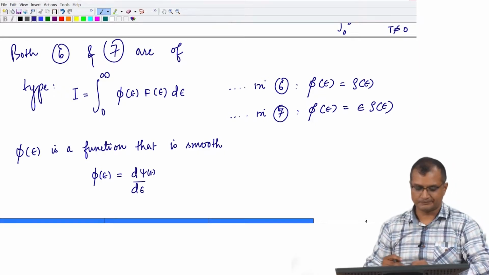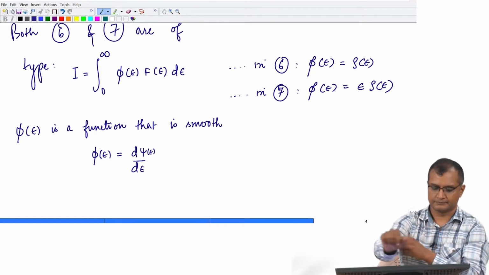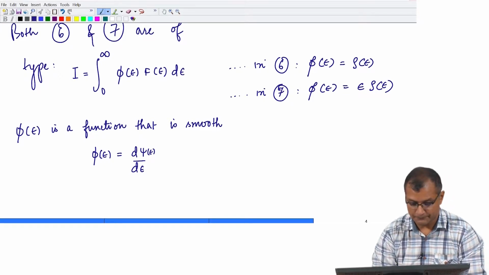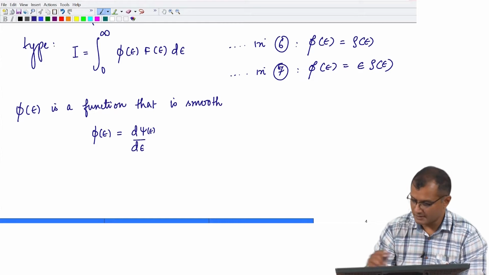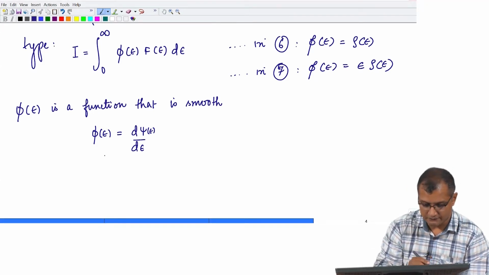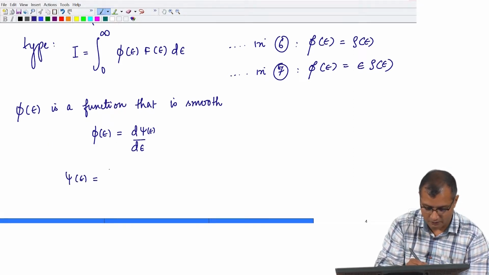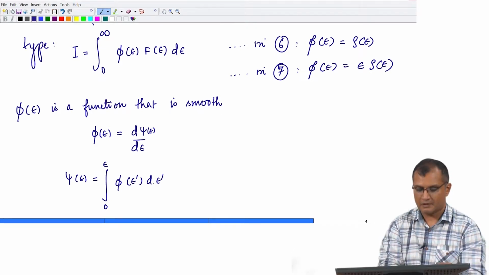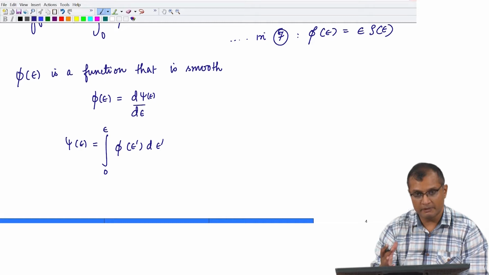So, in this way I can write down the function psi as an integral of this function phi of E. If you look at this, this is just by the fundamental theorem of calculus.